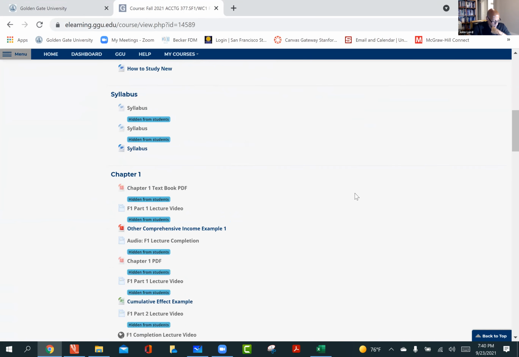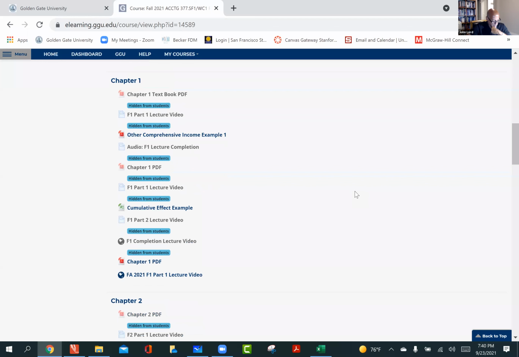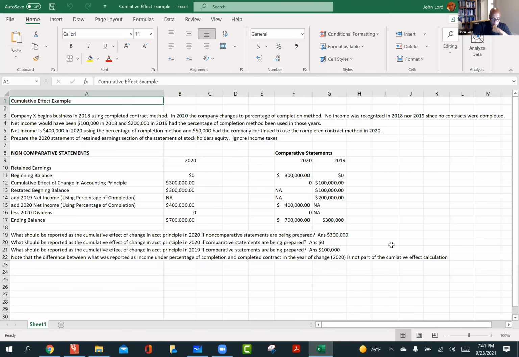So when you come over under chapter 1, you have this chapter 1 cumulative effect example. See that? Now, I'm going to go through this with you on the screen, but I just want you to know it's there. You can see it here on the screen, guys.